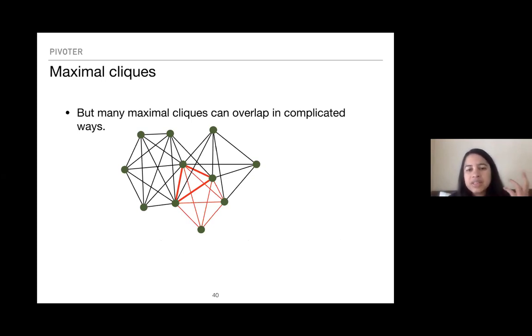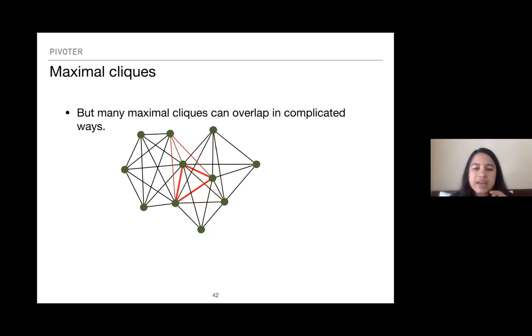But real world graphs consist of many maximal cliques that overlap in complicated ways. This triangle that I've highlighted in the center is a part of this maximal clique that I've highlighted in red. It is also a part of this maximal clique, and it is a part of this maximal clique.